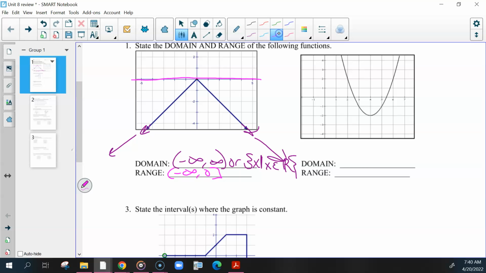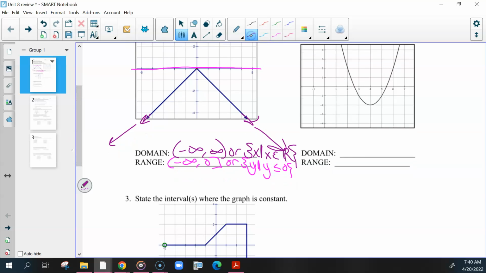And then we're going to start the second one. The way this is graphed, it doesn't show the arrows, but this one did have arrows. This is going to keep going up forever. So if you want to draw those in, you can do that.